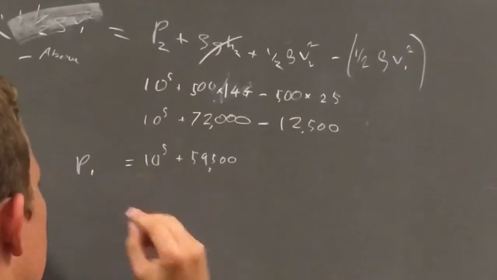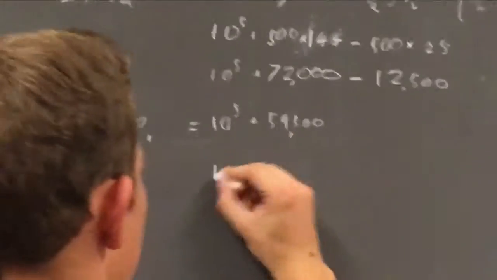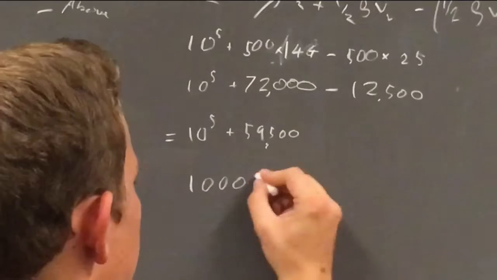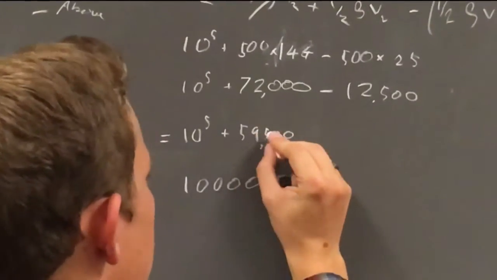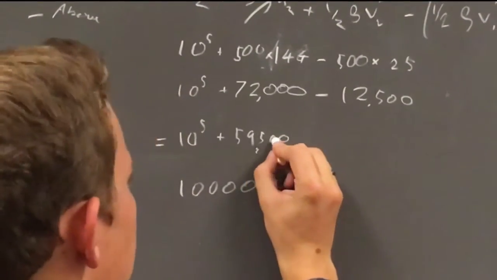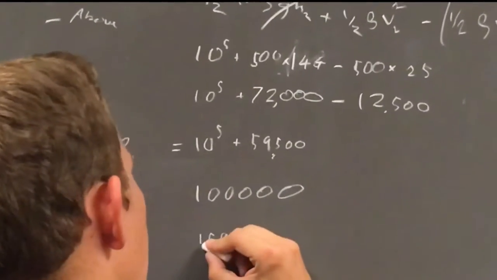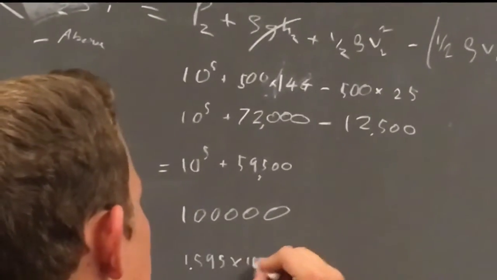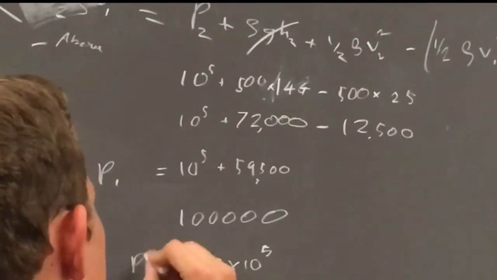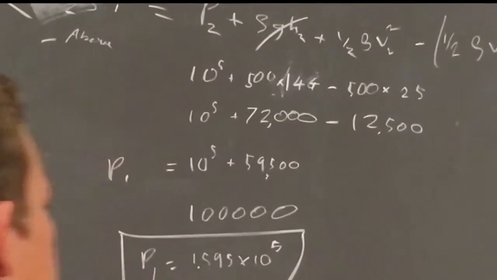That is equal to P1. Since it's 10 to the 5th, which is 100,000, adding 59,500 means it would be 159,500. So 1.595 times 10 to the 5th. That is what P1 is equal to.